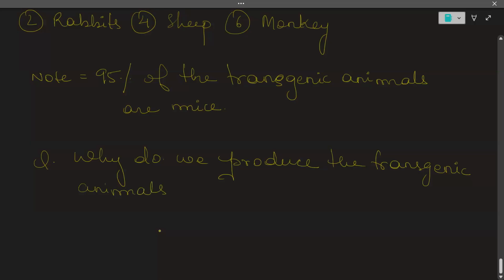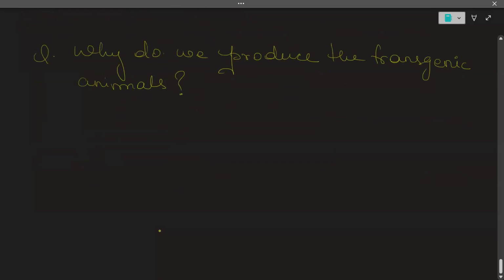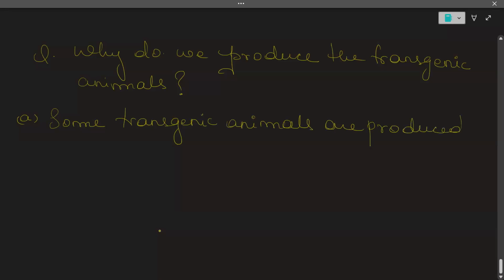So talking about why we produce it, the first reason for producing it would be that some transgenic animals are produced for specific economic traits.